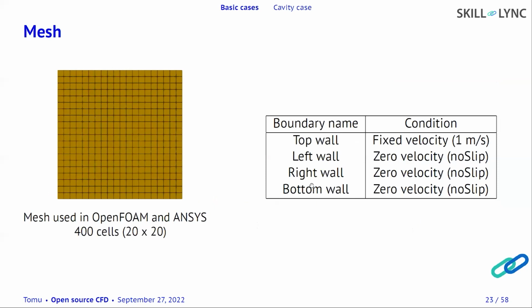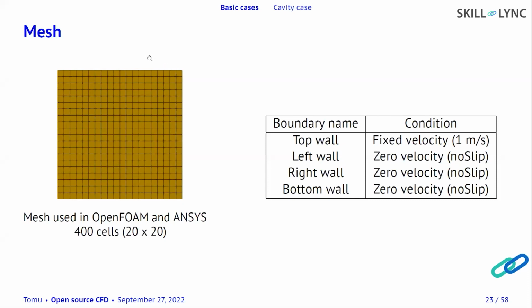And on the right-hand side, you can see the boundary conditions. Here also, you can see there is a no slip condition. In the statue case, we were using no slip condition on the statue surface. In this case, we are using the same for the fixed walls. So close to the fixed walls, the fluid will be at rest.